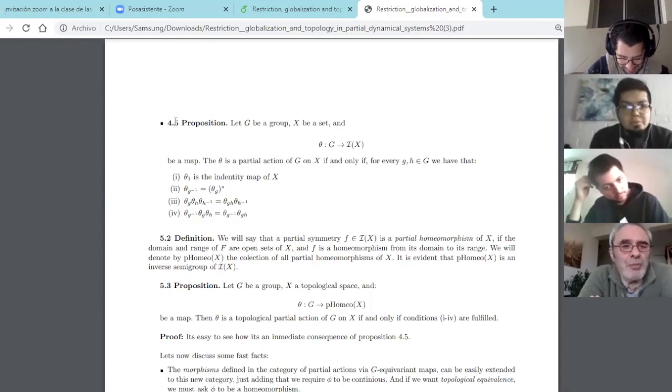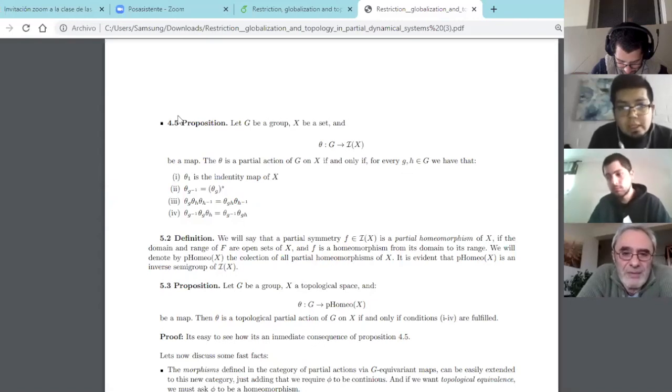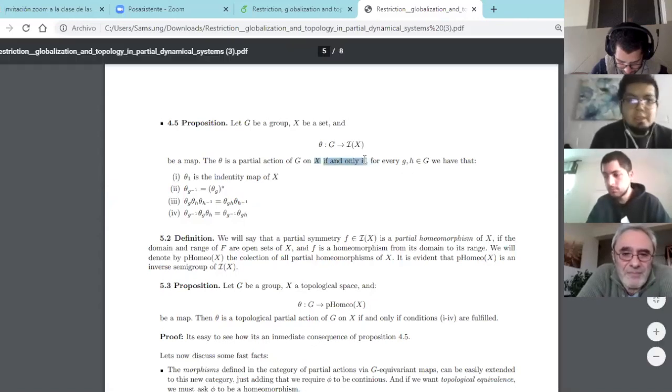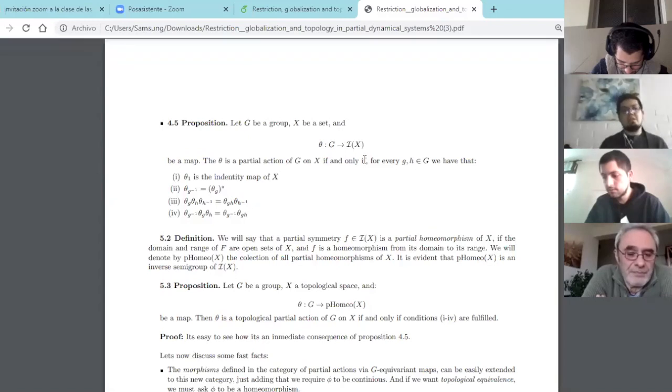It might be useful because you see how a certain type of axioms converts into another type, still close but different somehow. We should also note that this is an equivalence, so it's if and only if. So this also characterizes all partial actions, is somehow what it says here.